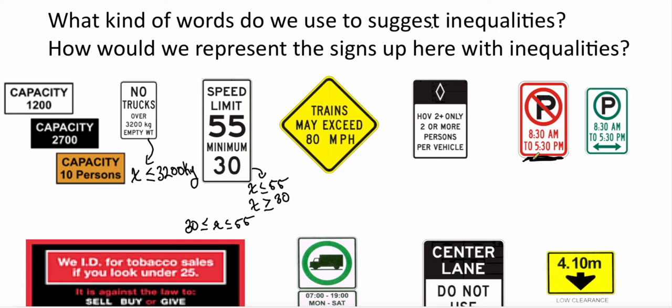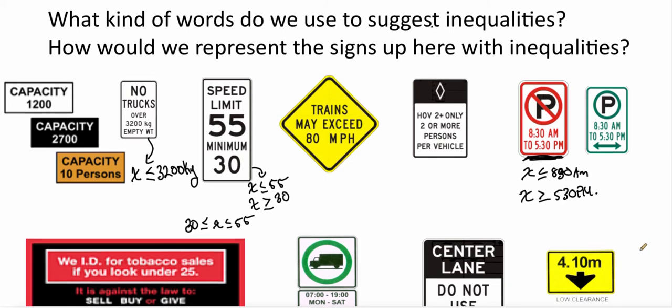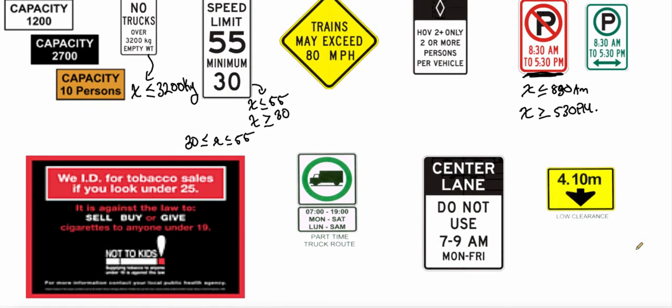So in this case, x must be less than or equal to 8:30, and this is going to be a.m., and x must be greater than or equal to 5:30 p.m. So those are some examples with some signs. Here are a couple more signs that you guys could try.